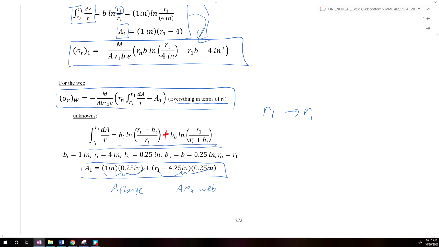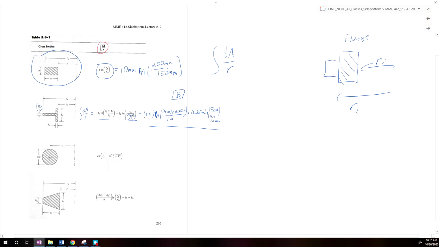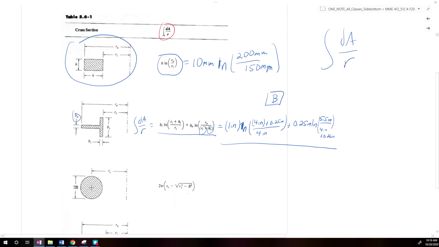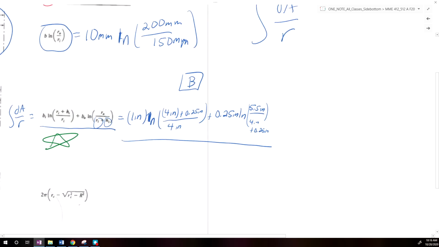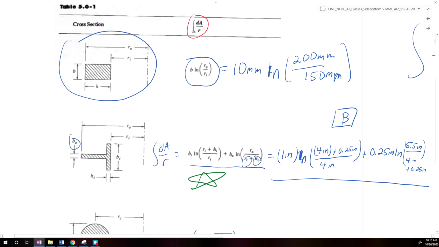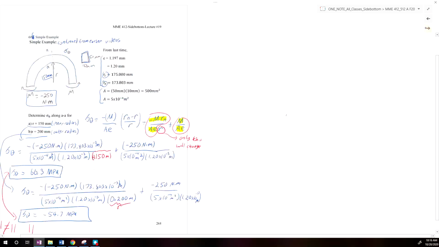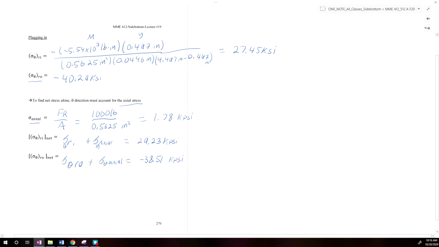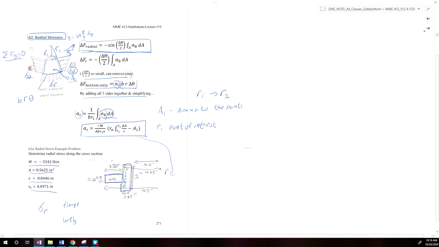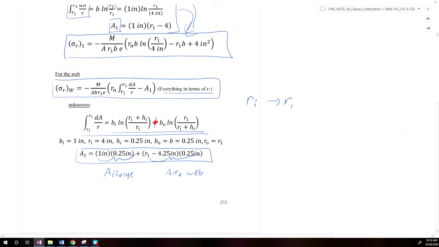If we go back to our table, we need to use this equation for our flange section in order to calculate the integral of dA over r as a function of R1. That's what this equation is here.